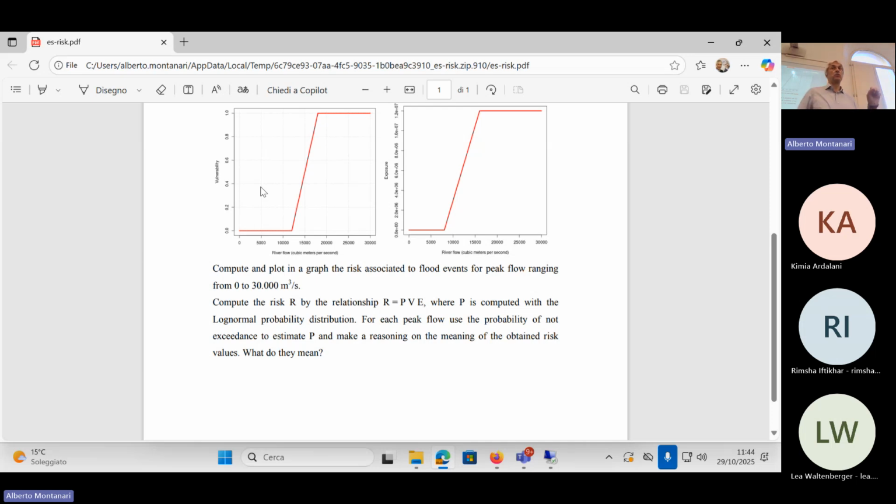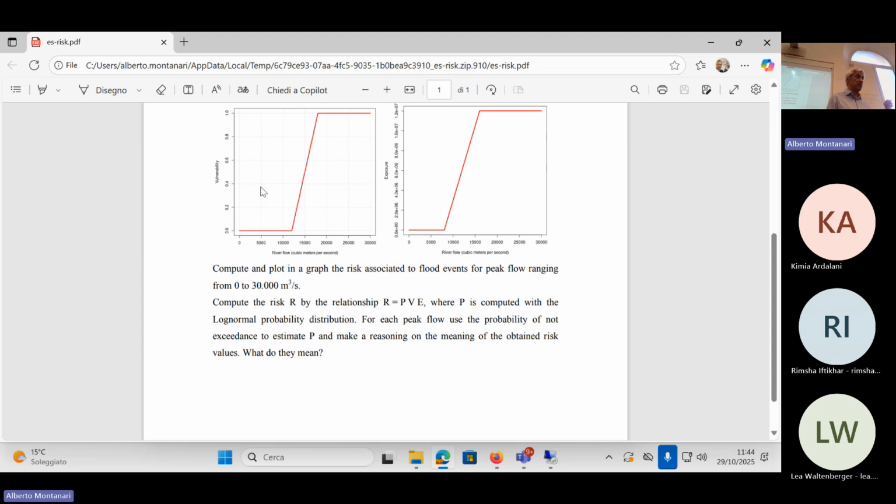So it is suggested that you fit the data that are included in the file with the log normal probability distribution. And then it says, for each peak flow, use the probability of not exceedance to estimate P. And make a reasoning on the meaning of the obtained risk value.